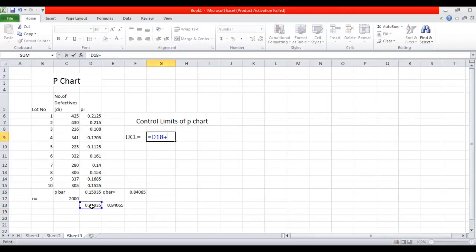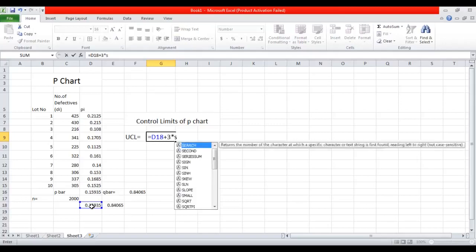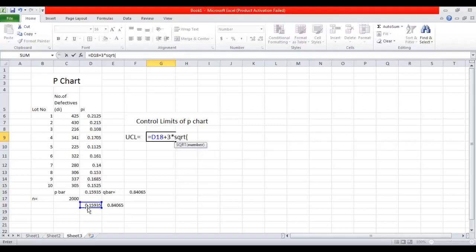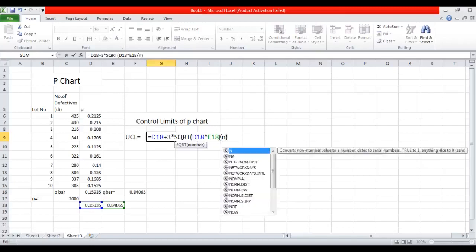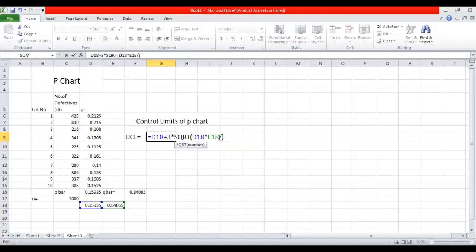P bar plus 3 into square root of P bar into Q bar by N. Sorry, I didn't write the N value before.